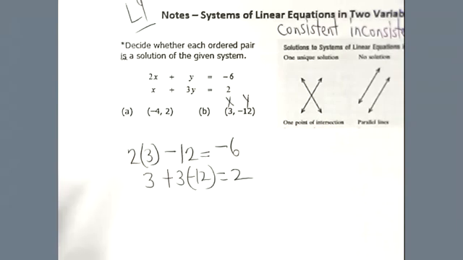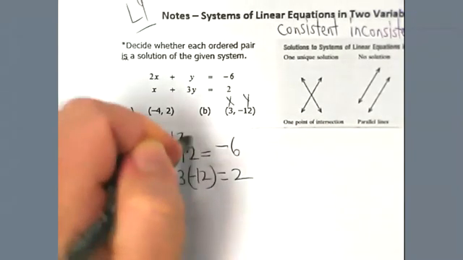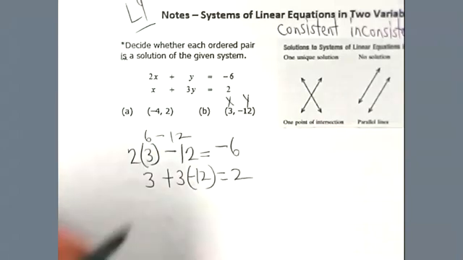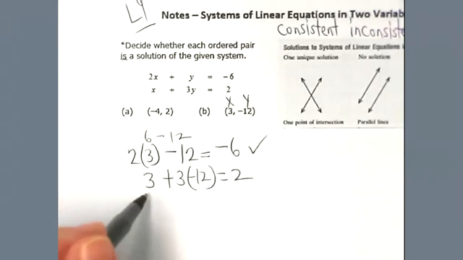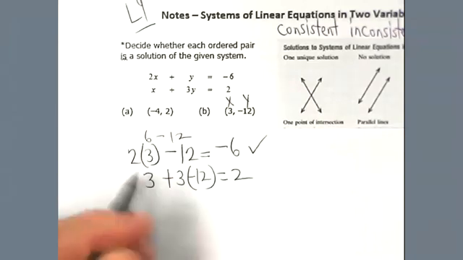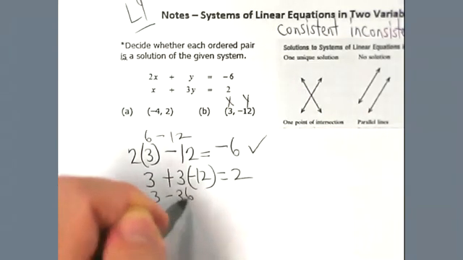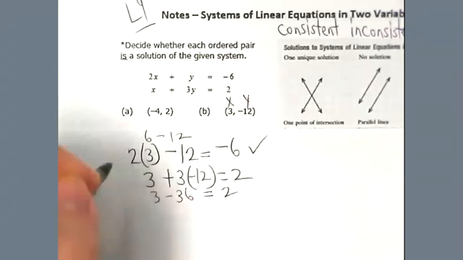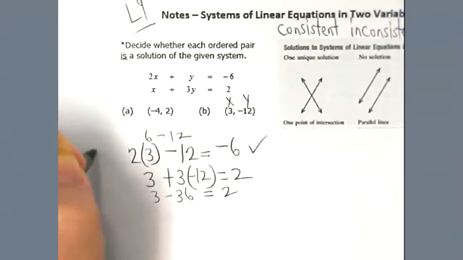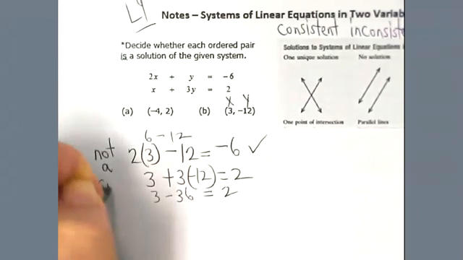So right here we have 6 minus 12, which is indeed negative 6. So that checks out for the first equation. If we check the second equation, we get 3 minus 36, which is nowhere near 2. Because the ordered pair did not work for the second equation, we can say that 3, negative 12 is not a solution.